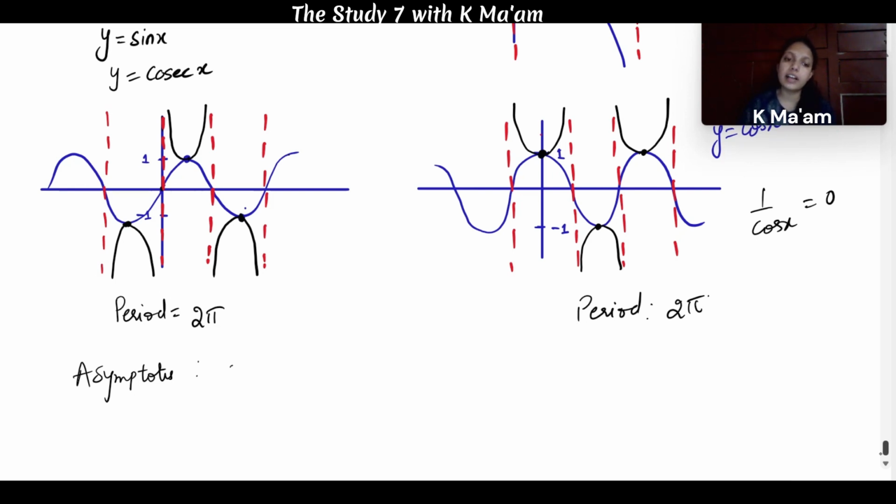So asymptotes are x equals n pi, because the reciprocal of 0 is undefined. Here the asymptotes are x equals odd multiples of pi by 2, that is (2n minus 1) times pi by 2. That's it. Odd multiples of pi by 2 give you the asymptotes of secant x.